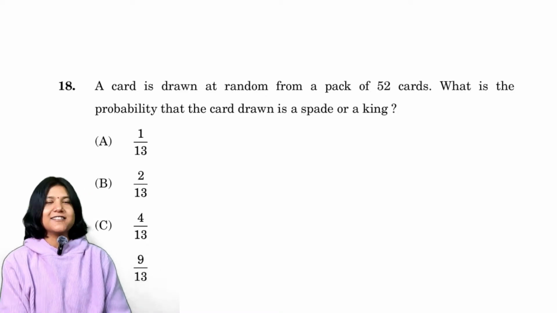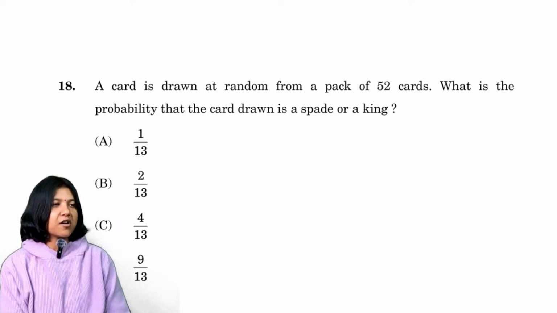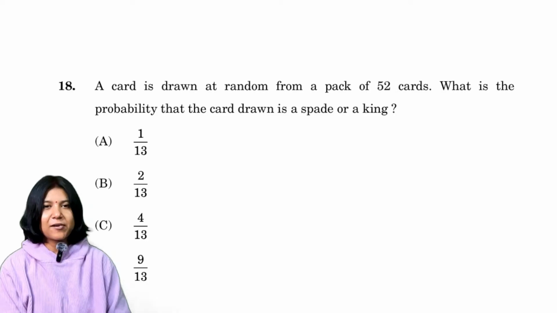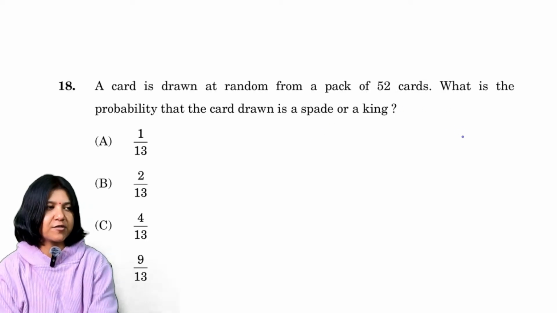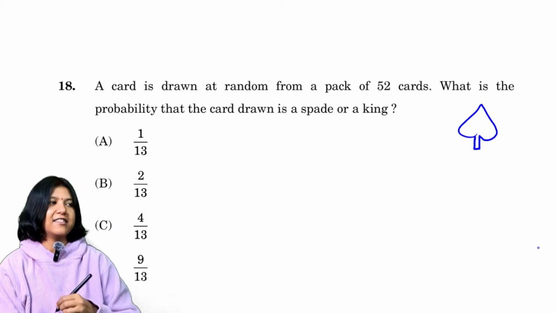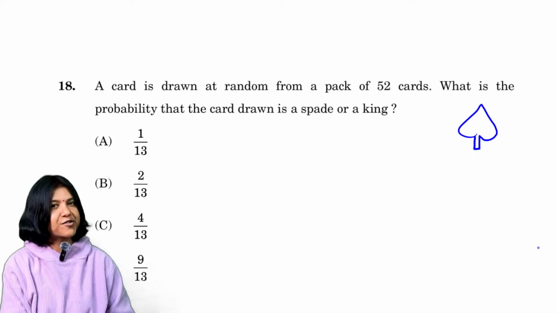Question 18. A card is drawn at random from a pack of 52 cards. What is the probability that the card drawn is a spade or a king? Now that's interesting. Spade is the shape, I'm sure you know, the inverted black leaf. Yeah, this one. That is a spade. Now how many spades do we have?